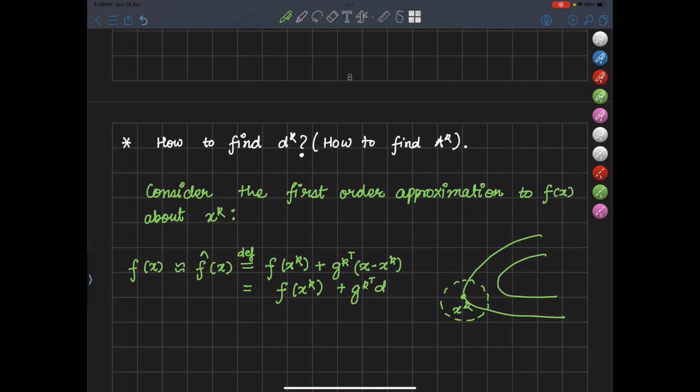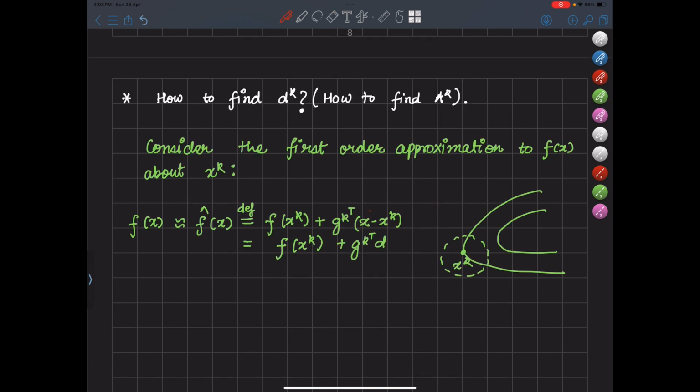Okay, so this is the linear approximation. Here, this d is the direction. So let's say this is xk, and this is the direction d in which we choose our next point. This is, let's say, x.